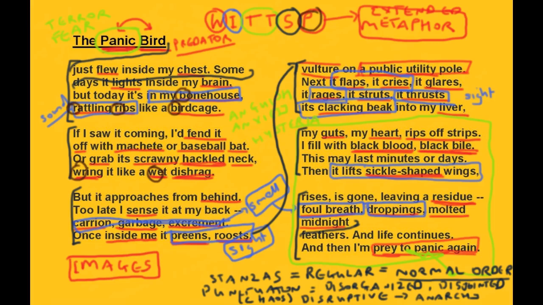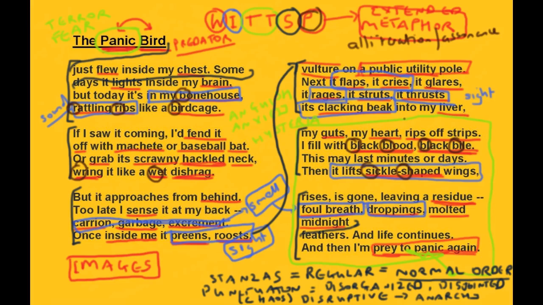We have black blood, that's the one I'm looking for, black blood, black bile, sickle shapes. Okay, so we have some alliteration with the consonants and some assonance with the vowel sounds through the poem to draw attention to certain parts.